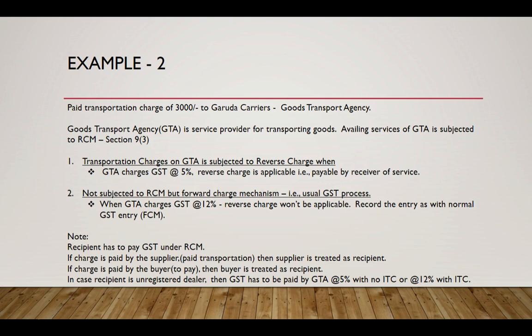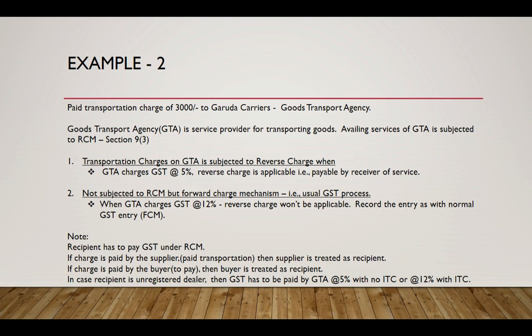GTA are those transport businesses who issue a consignment note. So any transporter issuing consignment notes can be called a GTA. So what is a consignment note? A consignment note is issued by a transporter containing details like name of the supplier, name of the buyer and their respective GST numbers, and details about goods that are being shipped and amount charged along with the GST details.